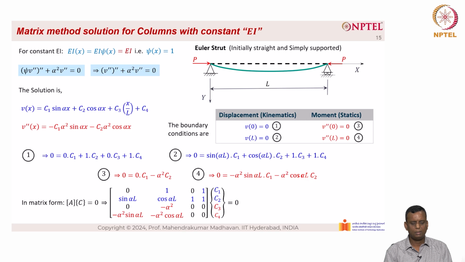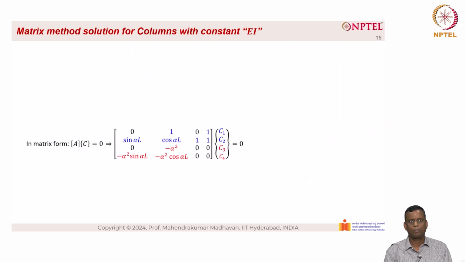And the fourth row we have minus alpha squared sin alpha L, minus alpha square cos alpha L, and then 0 and 0. The next one is the constants C1, C2, C3, C4, and when we multiply it, the whole thing is equal to 0. So for a non-trivial solution, we know that the determinant of A should be equal to 0.